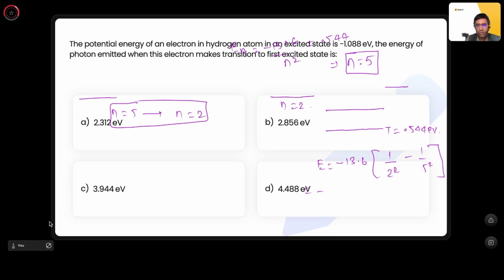If we solve it, it will be 13.6 into 1 by 4 minus 1 upon 25, which gives 13.6 into 21 upon 100. This comes out to be 2.856 electron volts if you solve it.